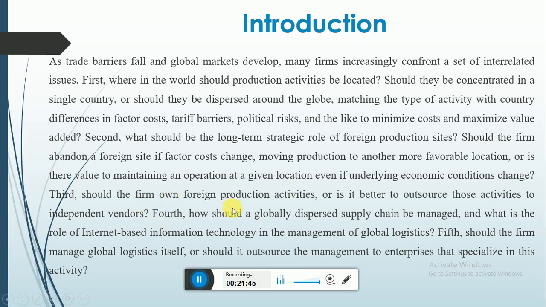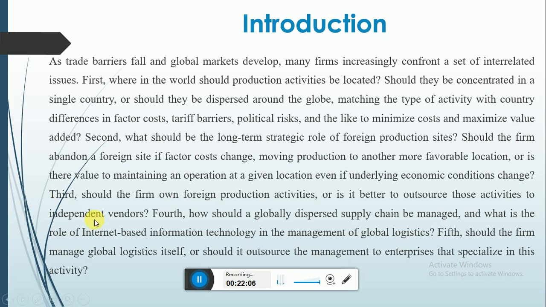Third, should the firm own foreign production activity, or is it better to outsource those activities to independent vendors? That's another question you need to consider. Do you want to own the company that produces this product, or do you just want to have a contract with some other company that will produce this product for you?